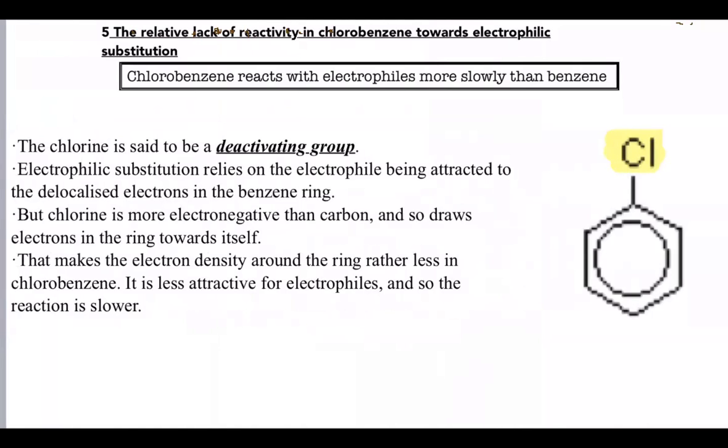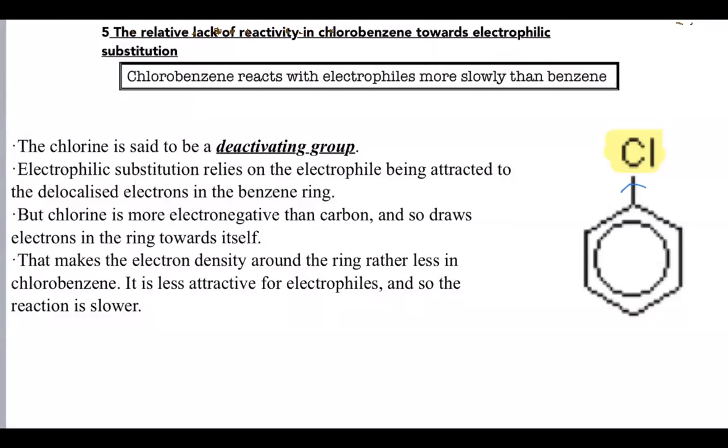A high electronegativity means that the atom tends to pull the electrons to itself. That's why I said just now, chlorine is electron withdrawing. Chlorine takes some of the electron density from the benzene ring.